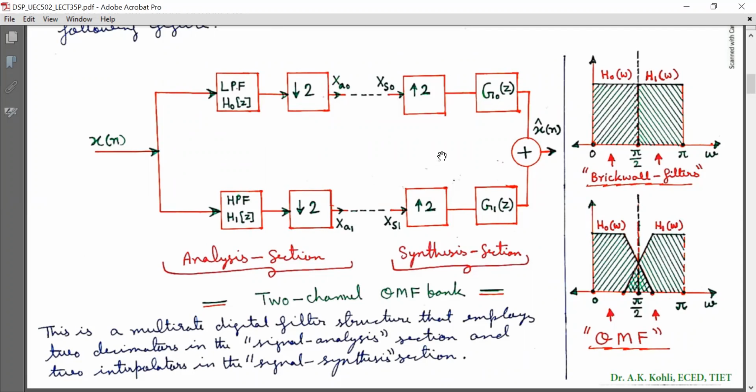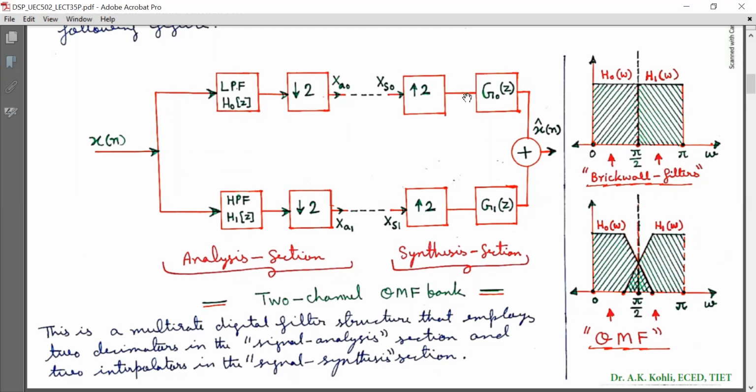Now in the second part, there is a synthesis section. In the first branch of the synthesis section, the input is XS0, which is a modified version of XA0, and XS0 is upsampled by a factor of 2.